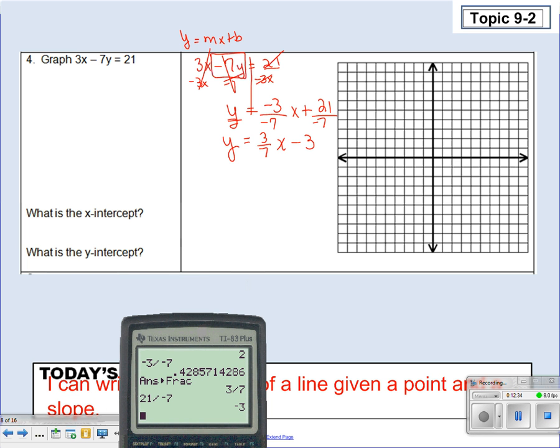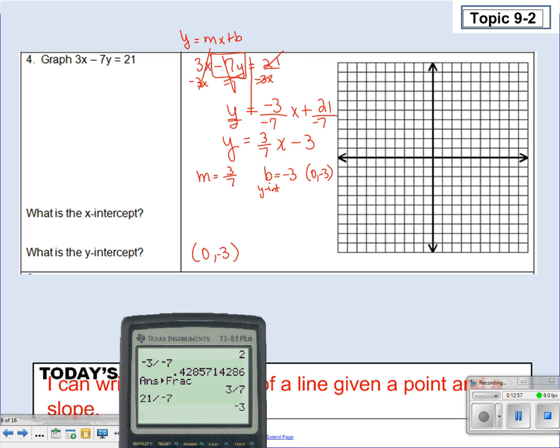So to graph, I know my slope is 3/7 and our b is negative 3, or our beginning is (0, -3), because this is our y-intercept. We've just answered the last question. It's (0, -3). Let's begin at that point.